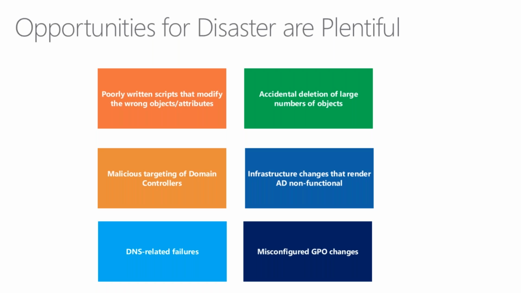And then misconfigured GPO changes. This is one that's of course near and dear to my heart. I have lots of examples over the last 17, 18 years of group policy rendering an organization completely non-functional. The biggest one I saw was a GPO that was linked at the domain level, but was relying on security group filtering to target only a subset of users.